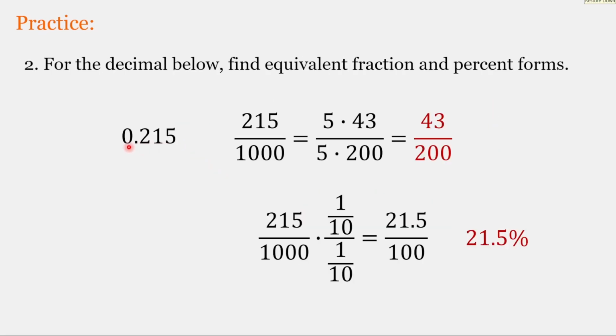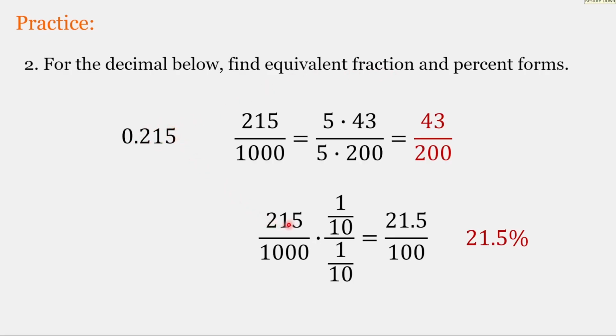In this second problem, we're given a decimal, and we're asked to find equivalent fraction and percent forms. So we have our decimal, 215 thousandths, giving us our fraction 215 over 1,000. And again, it's a good idea to simplify down this fraction. Both 43 over 200 and 215 over 1,000, these are equivalent fractions to this decimal.